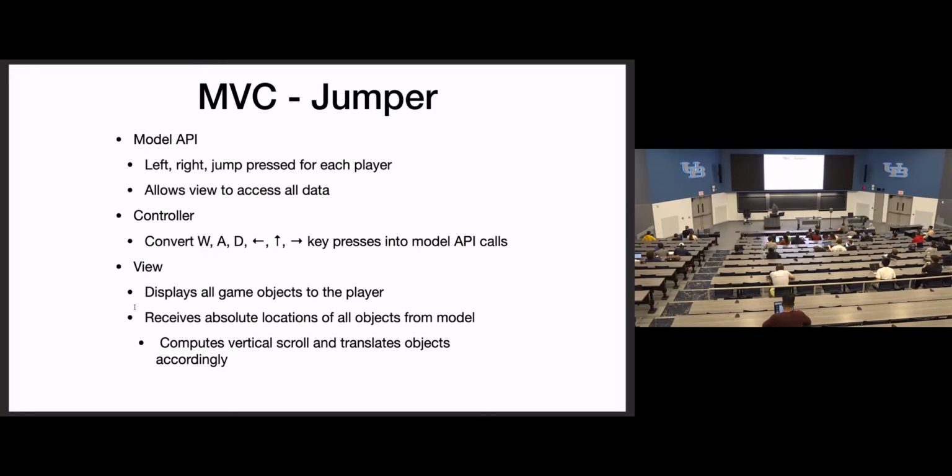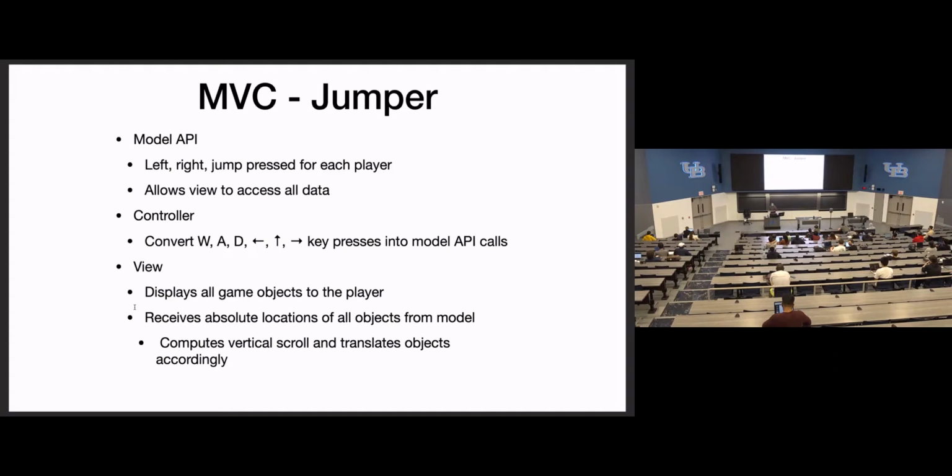So if I get a left arrow press, that's going to be player 1 hitting the left button, and it's going to convert that into an input for left arrow player 1 and call that for the model. If A is pressed, then okay, now player 2 wants to move left, and it sends that to the model. The model doesn't care that there are two players with two different sets of controls. It only cares that this player hit this button.